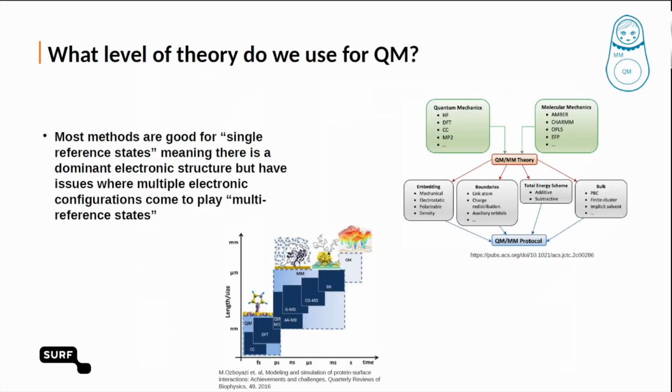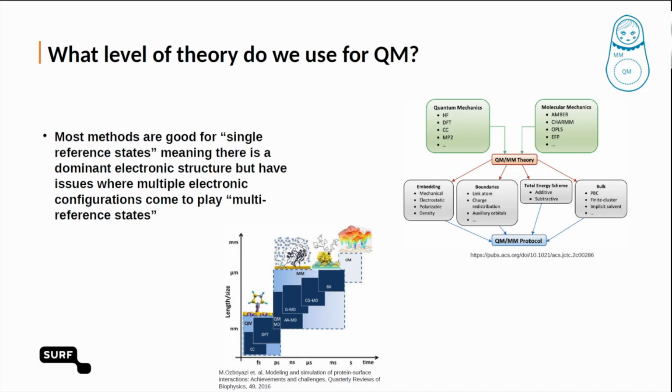All right. The question is, what is the level of theory you need for the quantum part if you want to study the reaction? The more accuracy you need, and the more complicated the system, the more expensive it is computationally as well, right? So you want to minimize the pocket that you need to treat in a more difficult way.